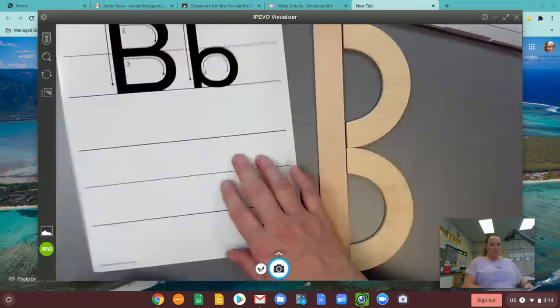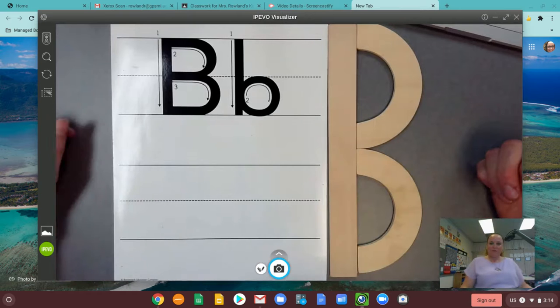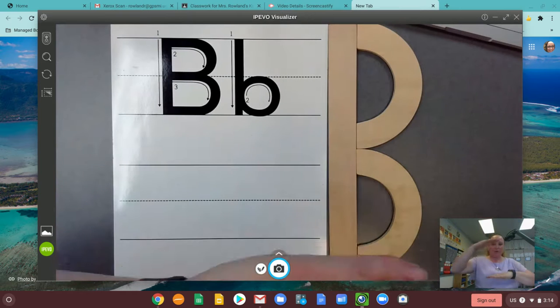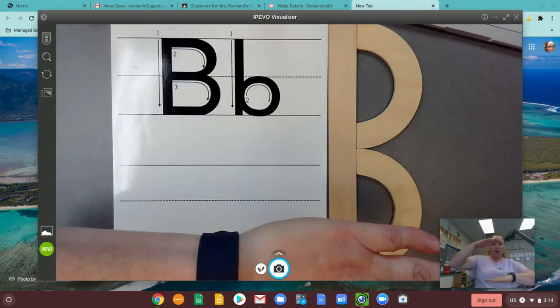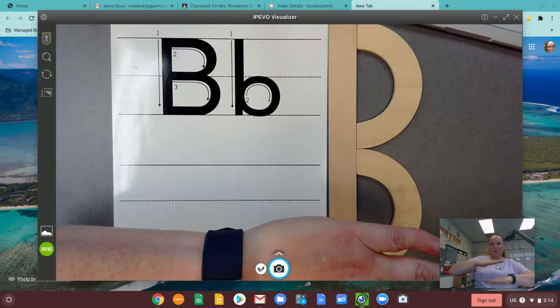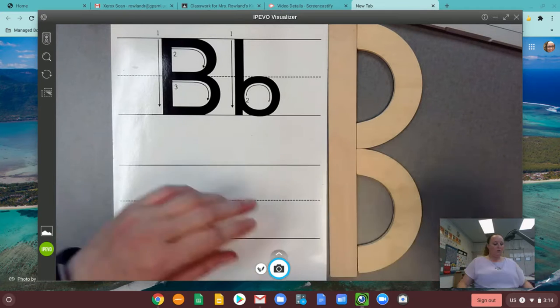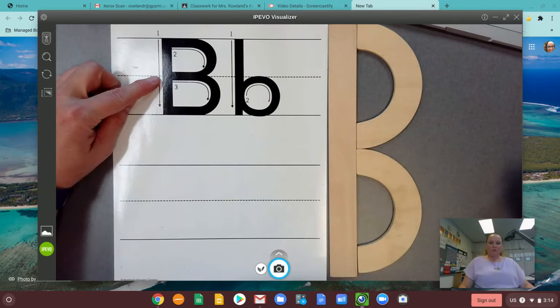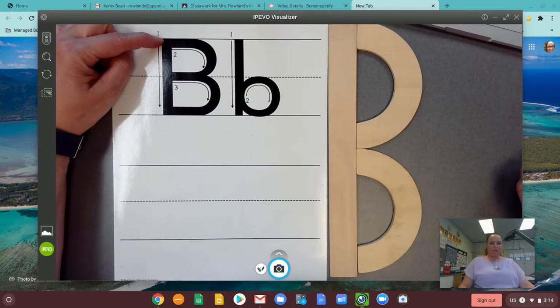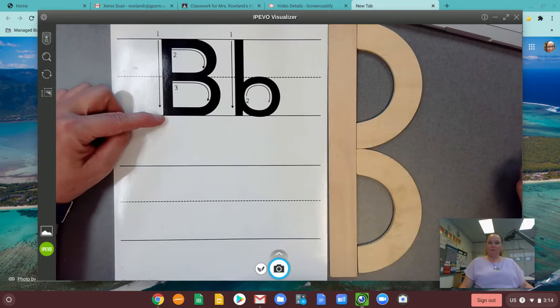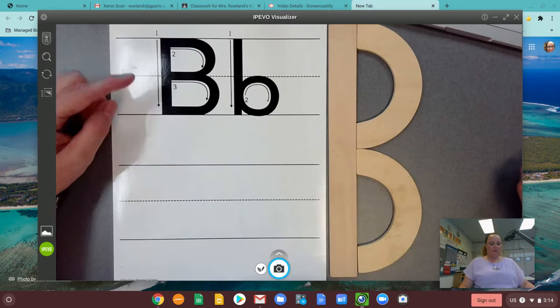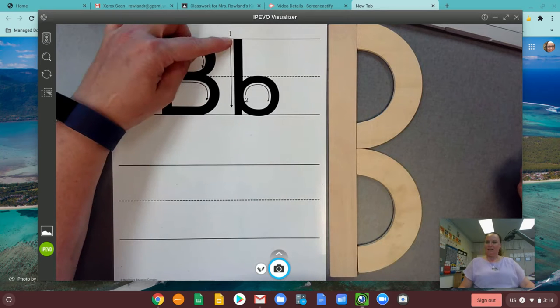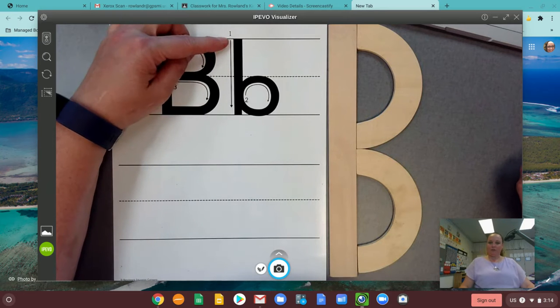If you can see over here, remember last time we talked about there are some things called tall letters. There are small letters, and then there are those that fall. So capital B is a tall letter because it goes all the way from the top of this line all the way down to the bottom. Lowercase b is actually a tall letter too.